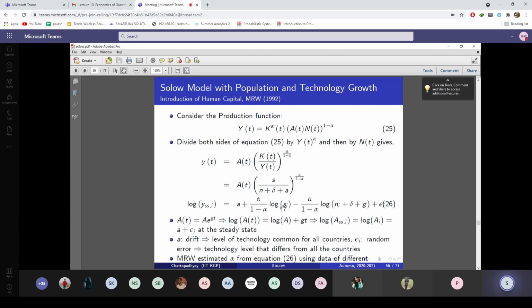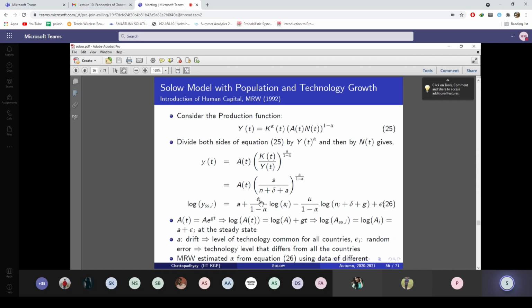So they have calculated n_i plus delta plus g, that is the effective depreciation rate when there is population growth and technology growth, and they have taken the logarithm of that, and they got the standard equation which can be estimated by OLS. They estimated that by OLS and got the estimated value of alpha divided by 1 minus alpha.